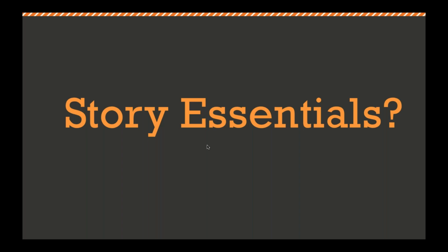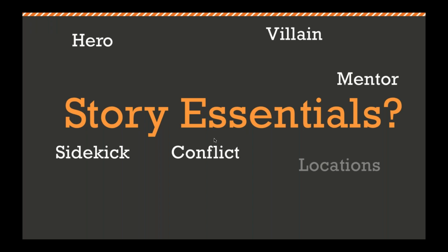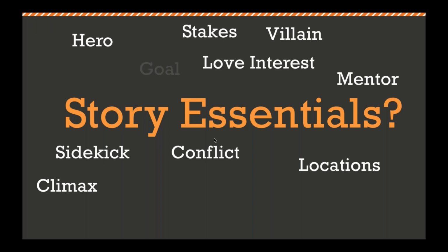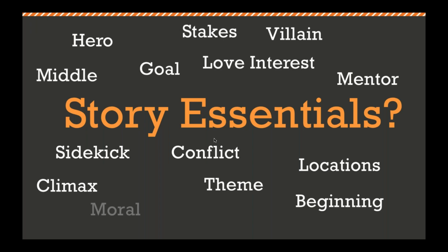And so animation-wise, I use animation to enhance this idea where I'm asking students to give me examples of different types of story elements that tend to be in every story. And I usually get all of these: the hero character, a villain, a love interest, conflict, sidekick, climax, beginning, themes, locations, morals, tension, all these kinds of things, right? So it's a sort of shotgun of ideas and concepts, right?